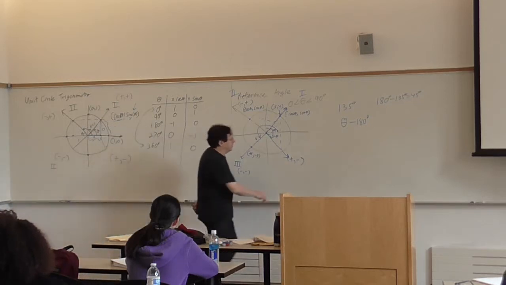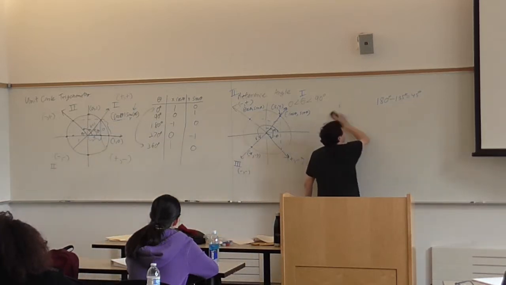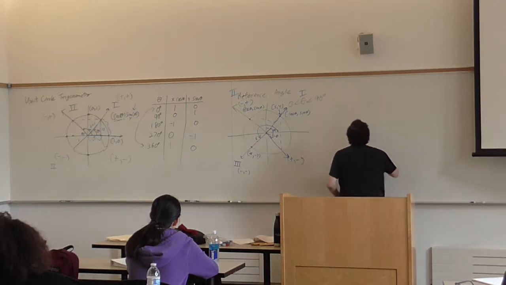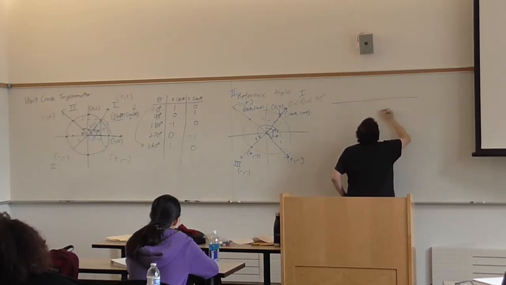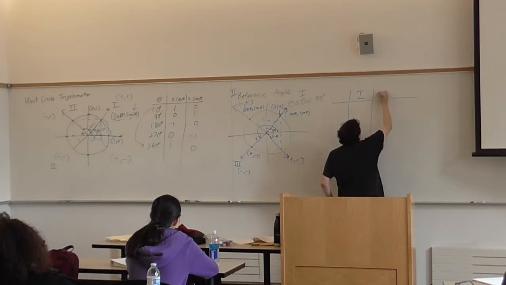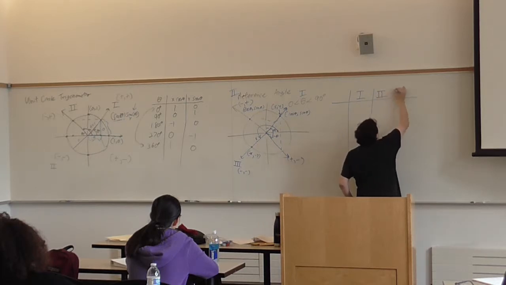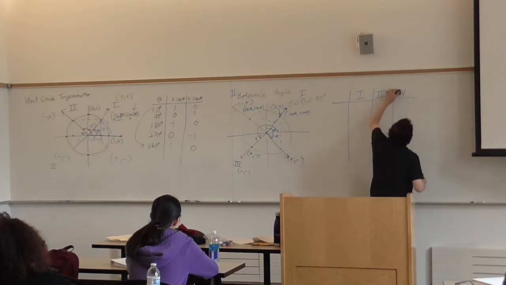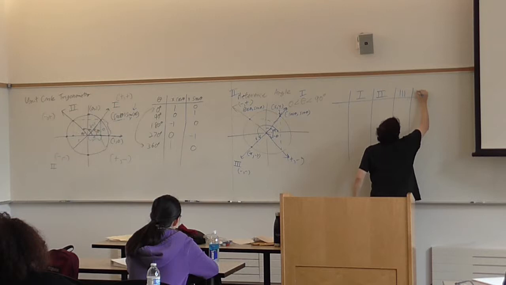Okay. I want to enshrine that in a table, right? So first quadrant, second quadrant, third quadrant, and fourth quadrant.